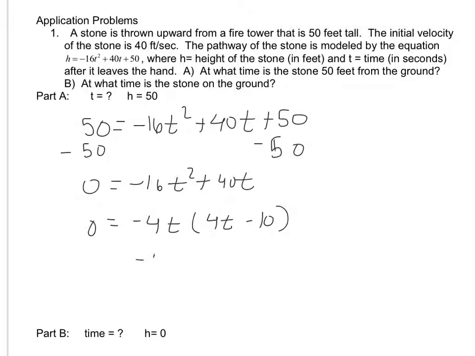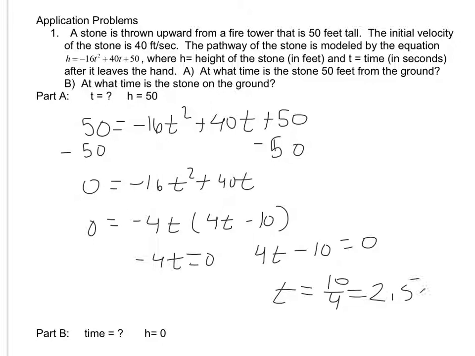So if I set each factor equal to 0, add the 10, divide by 4, so you get t equals 10/4, which is 2.5 seconds. Or t equals 0 seconds, because didn't it start at the 50 feet?